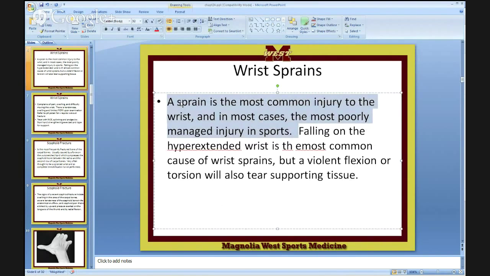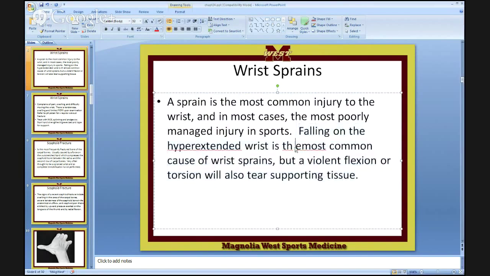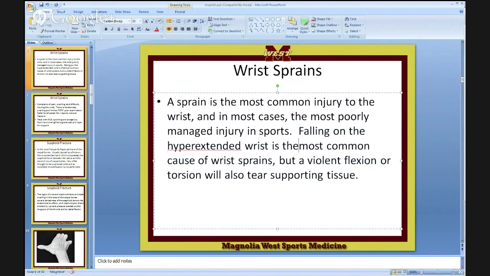Falling on a hyperextended wrist is, here we go. Let's go ahead and change that right there so you can see it actually getting changed. And then save. Falling on a hyperextended wrist is the most common risk of sprains, but a violent flexion or torsion will tear supporting tissues. Yes.